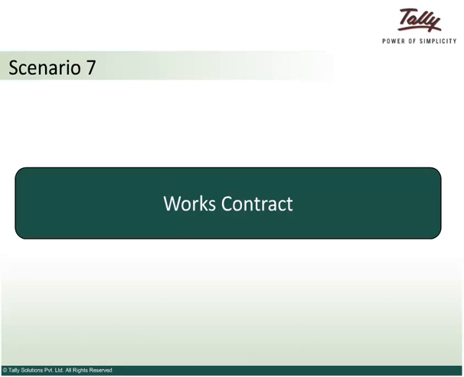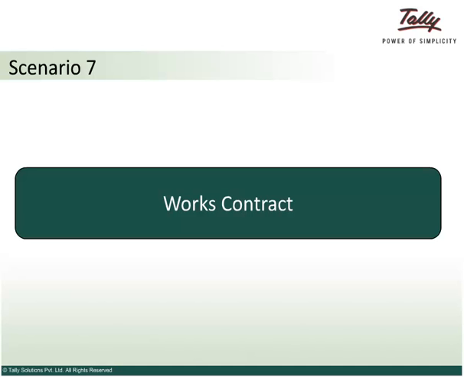Let us now look at an advanced situation, the requirement of handling works contract. Works contract refers to a turnkey project, in which both goods and services are involved, and billing needs to be done in a consolidated manner. For example, a roads contractor uses material to lay a road, but at the same time, he is delivering the service of laying a road.